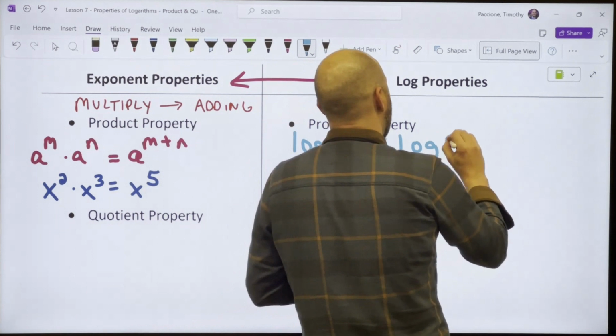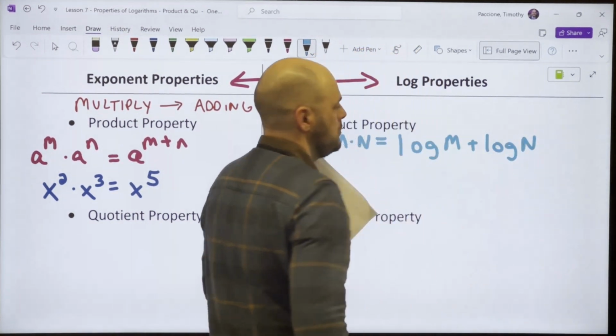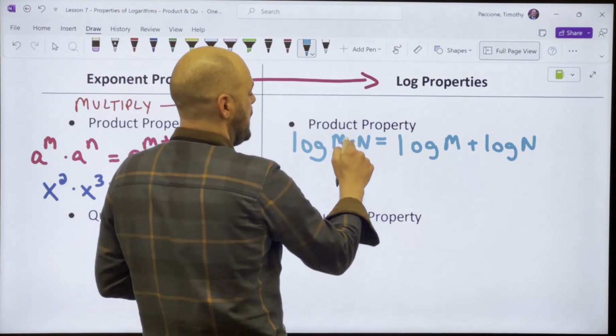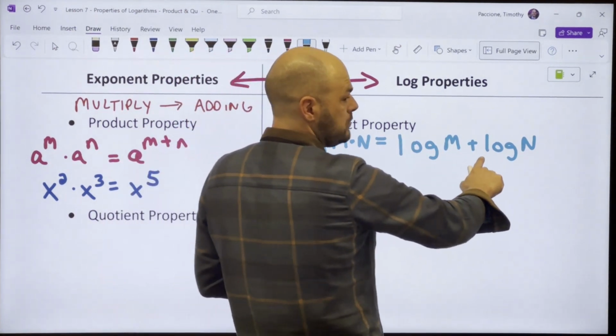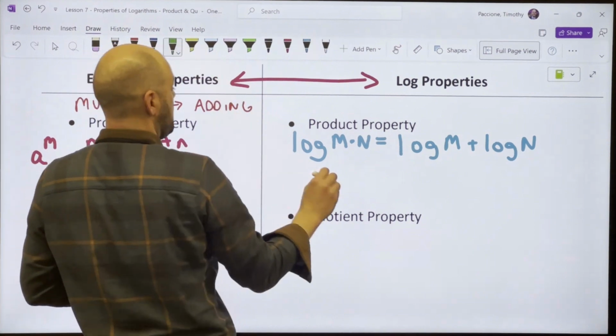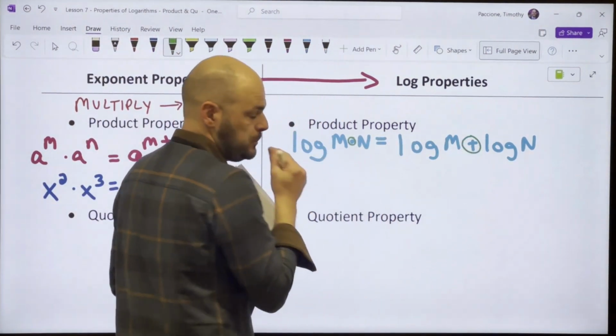So it becomes log of m plus log of n, right? Multiplying m times n, adding, right? So you go from multiplying to adding just like before. Here's my multiplying, here's my adding, right?